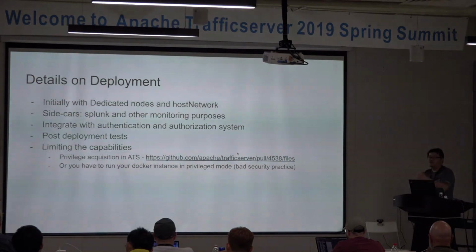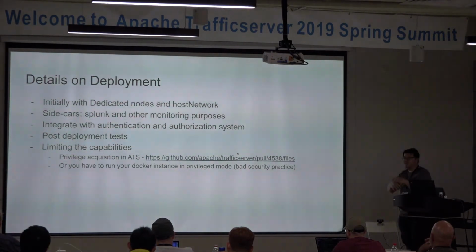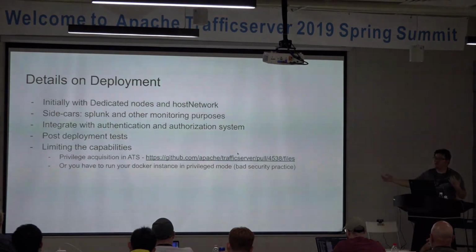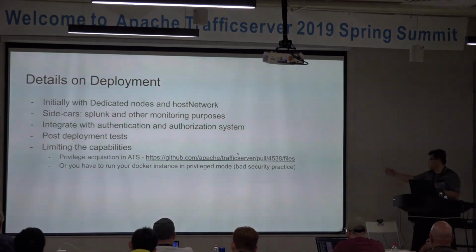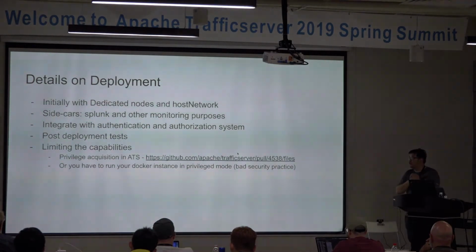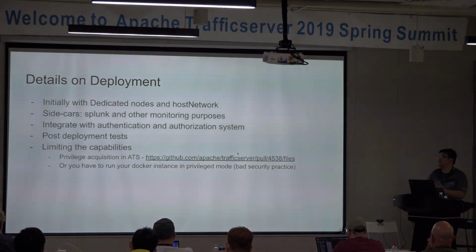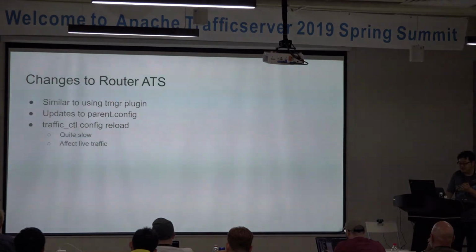So when our framework deploys Kubernetes this way, we limit the capabilities to just allowing bind services for the particular namespace for ATS, for example. And then all our ATS deployments fail, because without this PR fix, ATS will not start at all, since the Docker instances don't have the capabilities that it needs. So that's one reason we worked with Susan to get this fixed.